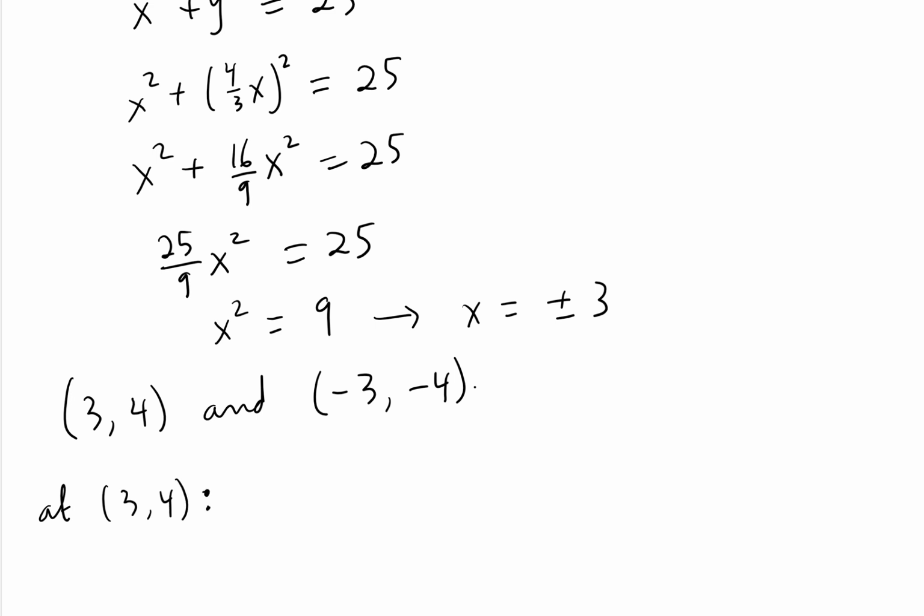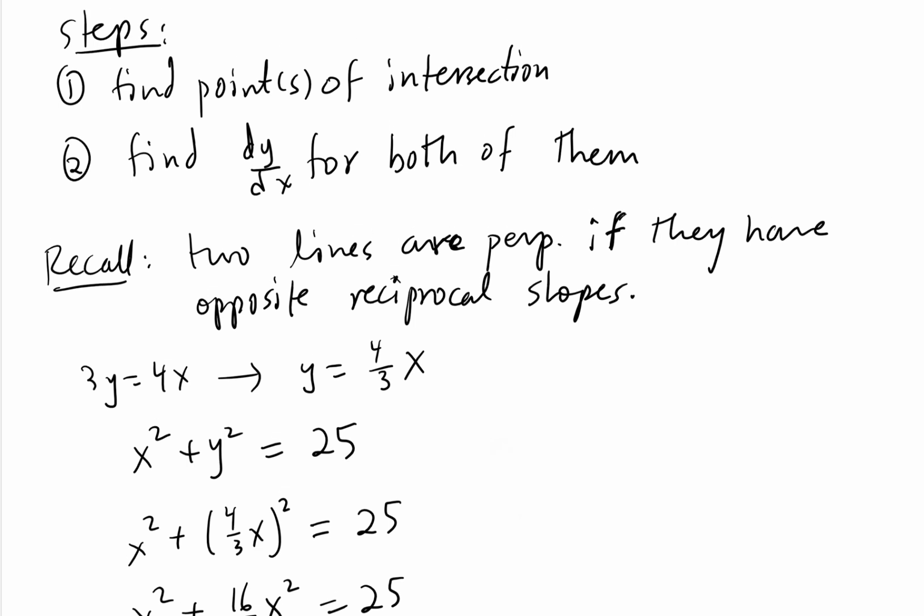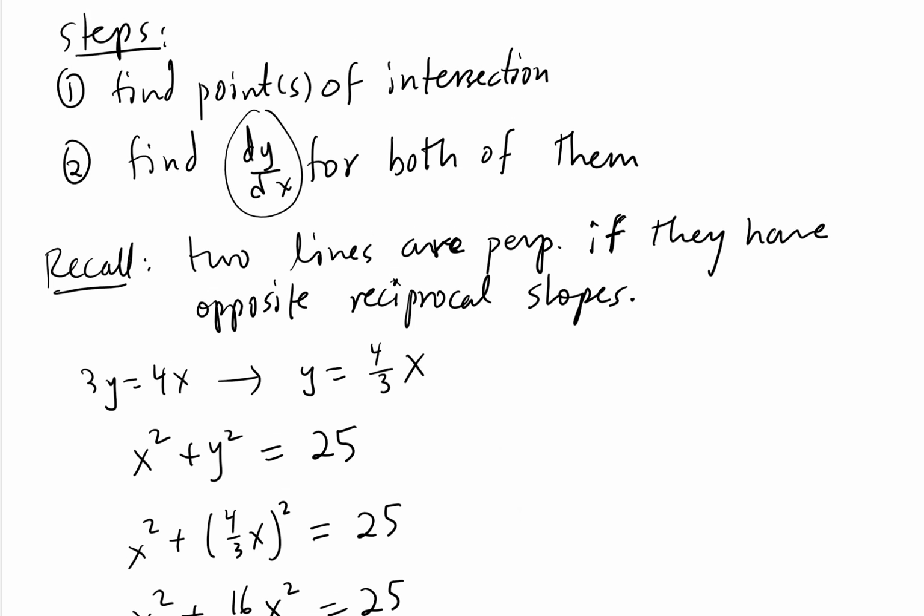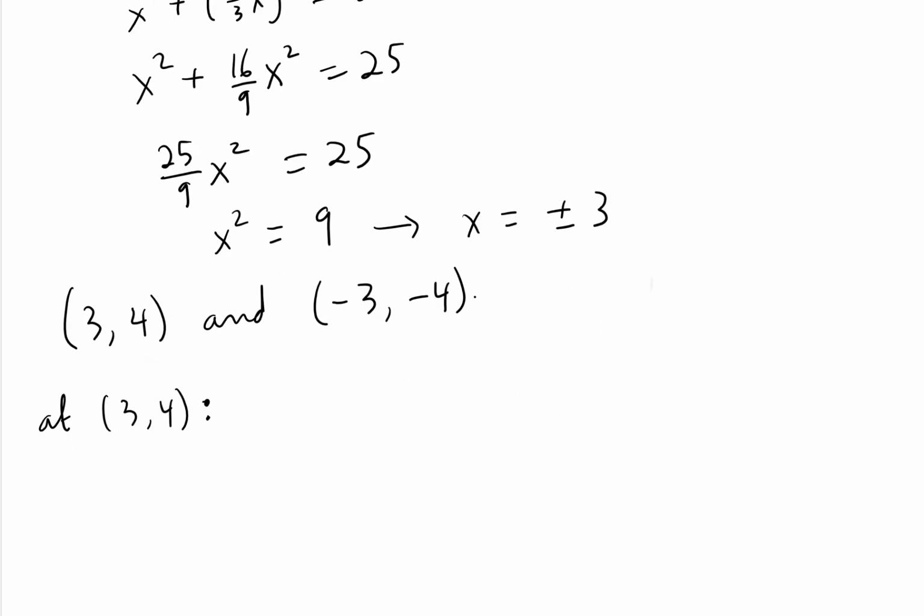At this point, (3, 4), what do we have? Notice what I said in the steps. We first find their points of intersection, then find dy/dx for each one of them.